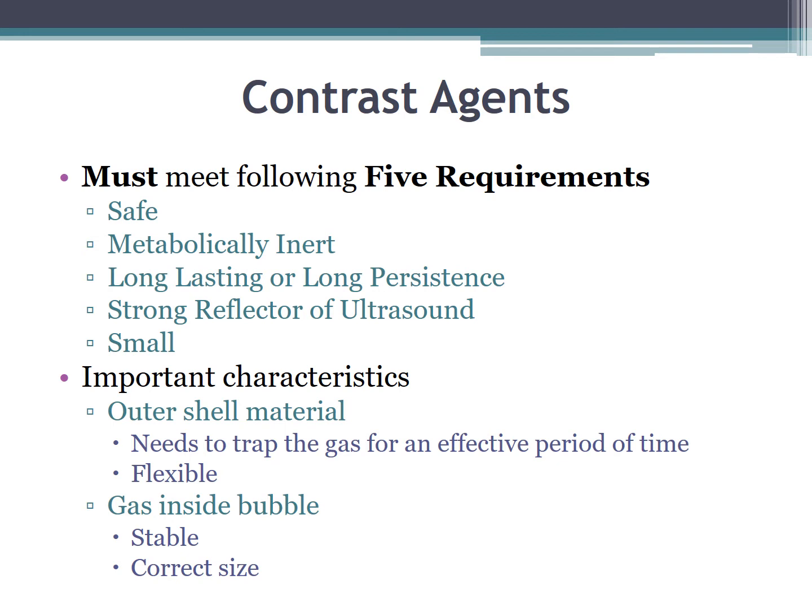That causes the harmonics. So they have to be flexible to the point where they can expand and shrink. Inside the bubble, we need the gas to be stable and again, also the correct size. Being stable will let it last long enough so we can get good ultrasound pictures of it as it travels through the blood, and being the correct size helps it travel through those small capillaries.